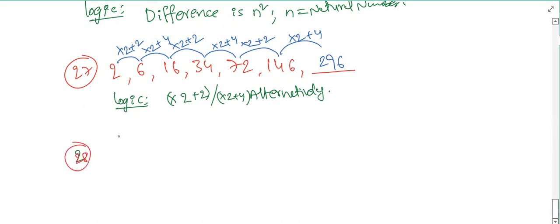Based on multiplication or difference, it is your choice.